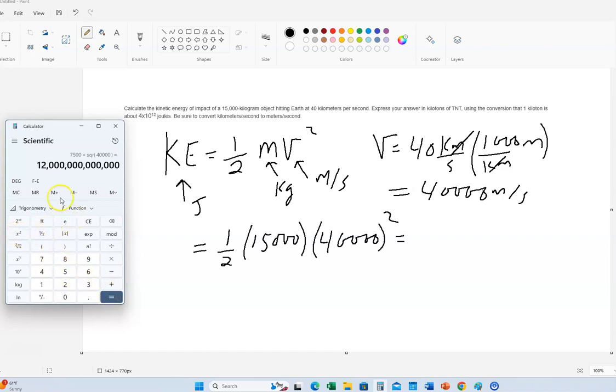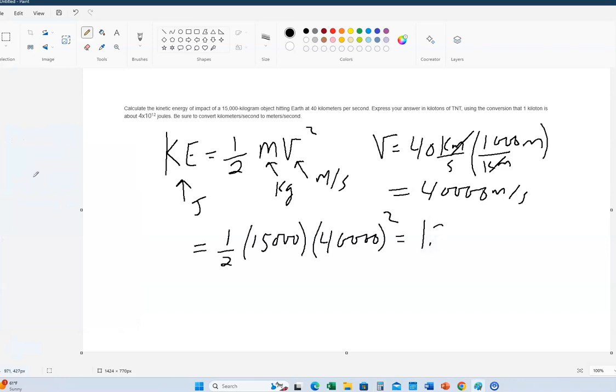That's an enormous amount of energy. So there's 6, 9, 12. The answer would be 1.2 times 10 to the 13th joules, right?